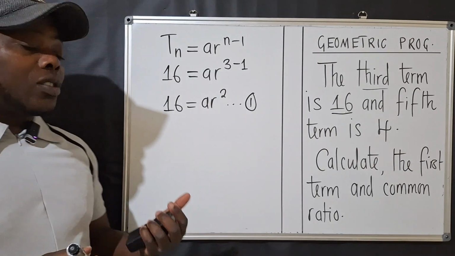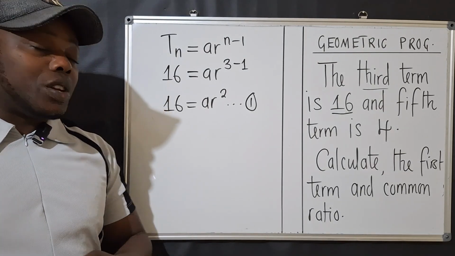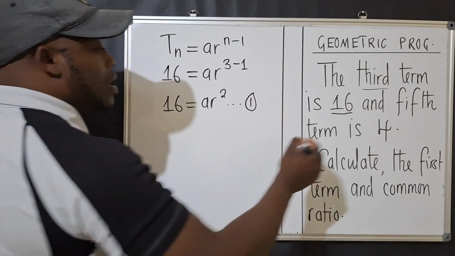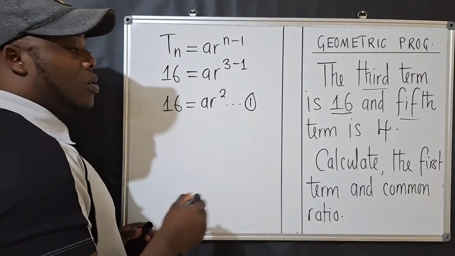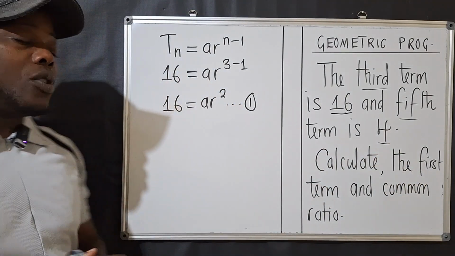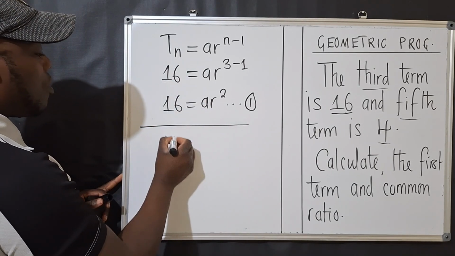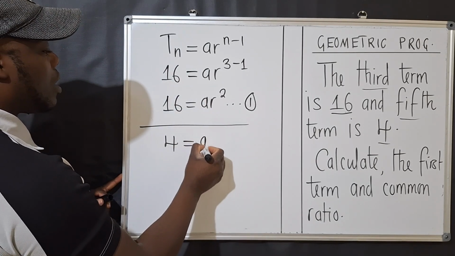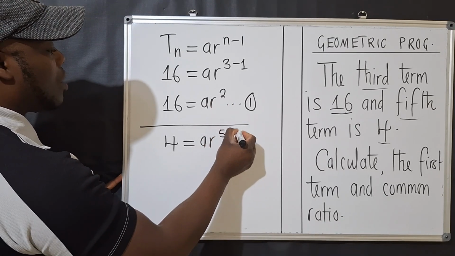We now go to the next equation. We're going to get the fifth, that's a position. So where there is n, we write 5, and the number that is at position 5 is 4. So we shall say 4 is equal to a r power 5 minus 1.